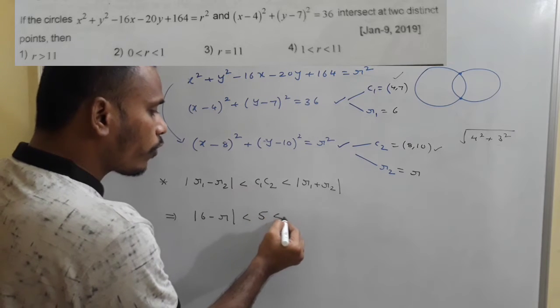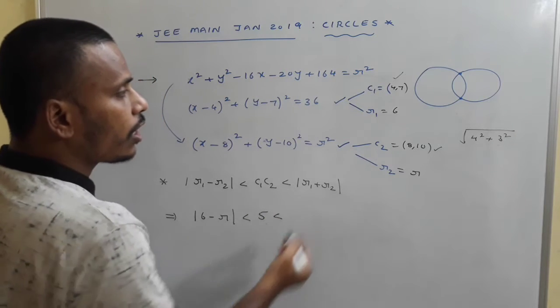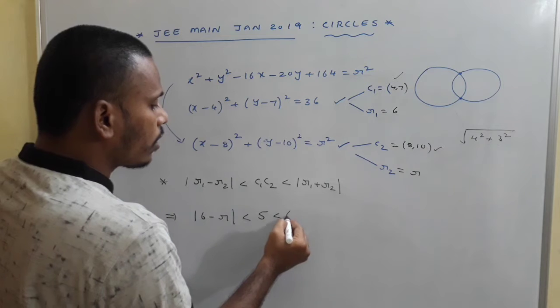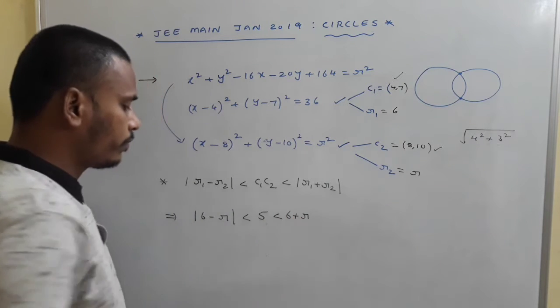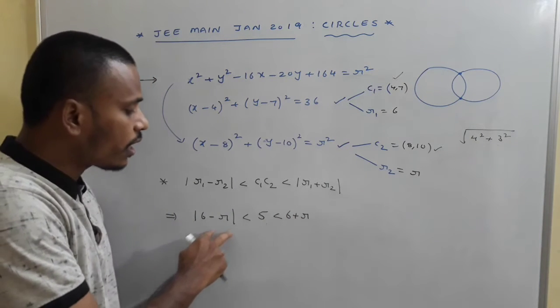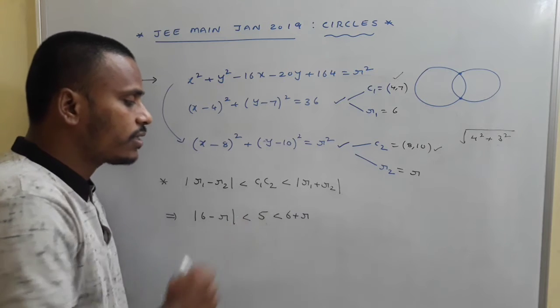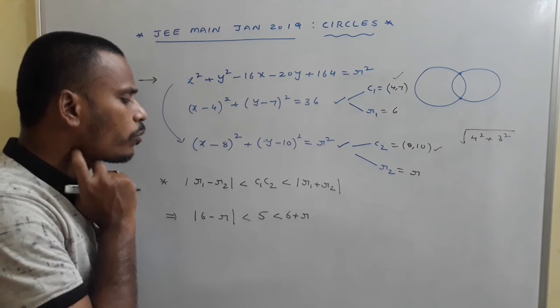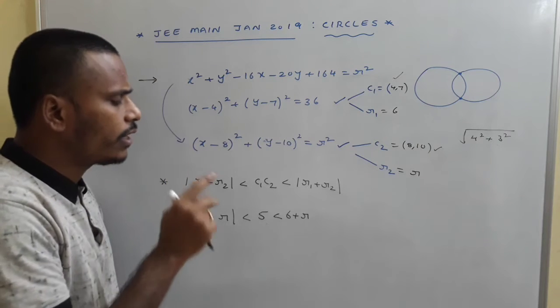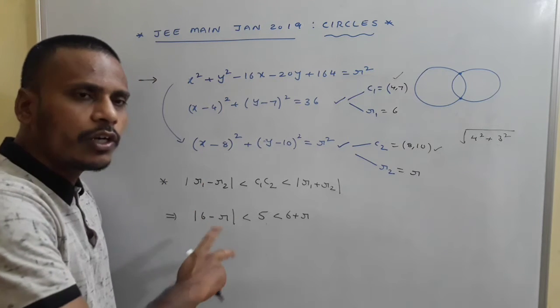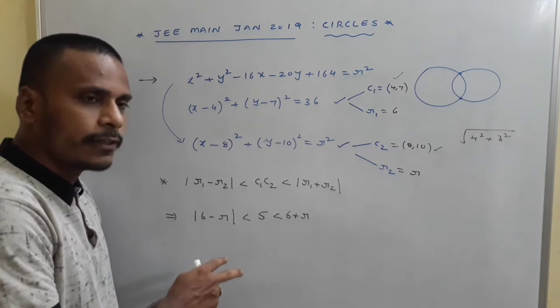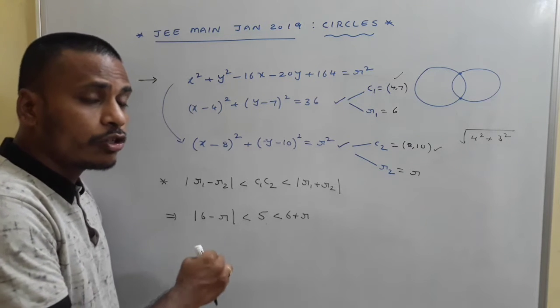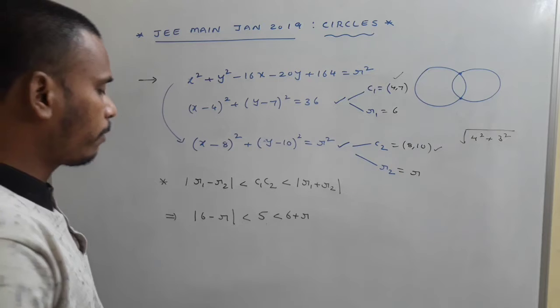So this value 5 is less than r1 plus r2. r1 is 6, r2 is r, so 6 plus r. Now modulus of 6 minus r is less than 5, which is less than 6 plus r. Radii are positive, right? So now we need to find the possible values of r using this.